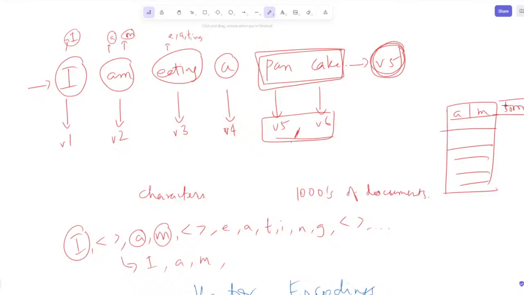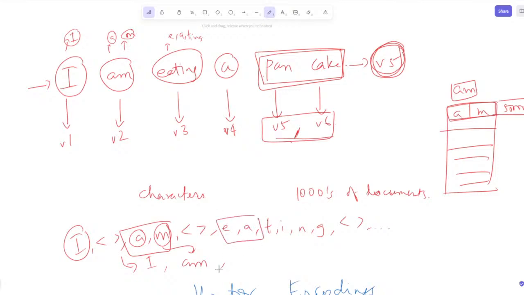Yeah, they occur 50,000 times together. So I'm going to now start assuming that AM is actually a word. I put them together, I pair them together, and now I have a single word AM.